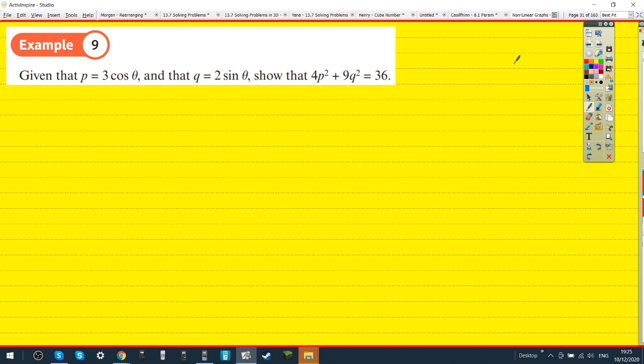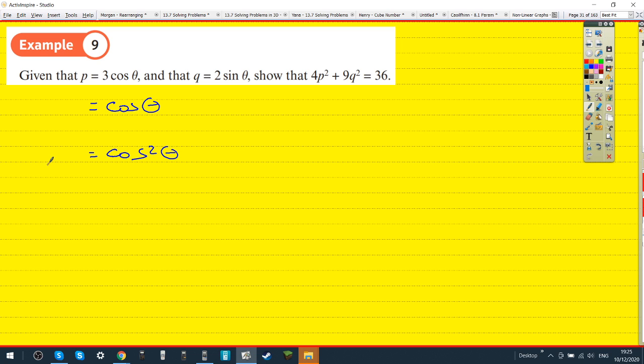So when substituting 3 cos theta into p, would the square need to be inside or outside the bracket? The way I would do this, I would make cos theta the subject first, and then get cos squared theta, and then do the same for sine.